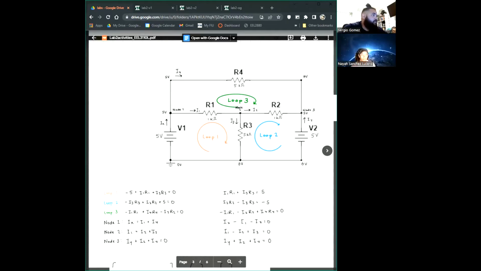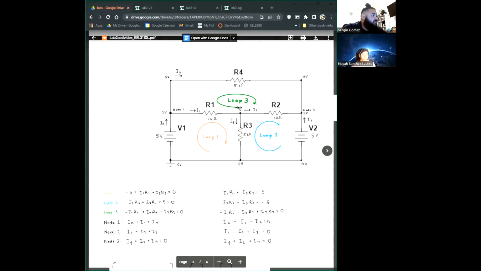That's for the voltage there, and that's equal to 0. And then loop 3 is the upper loop. We start right here at node 2, going clockwise. So we have -I1 R1 plus I4 R4 minus I2 R2 is equal to 0. So that constitutes our 6 equations.